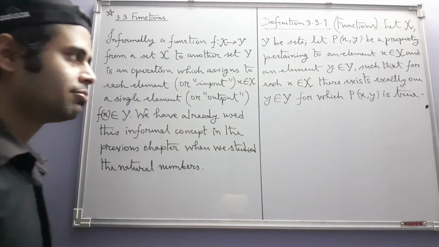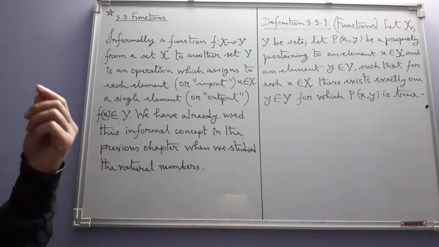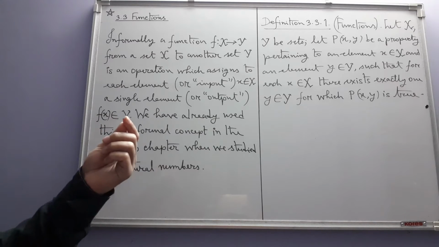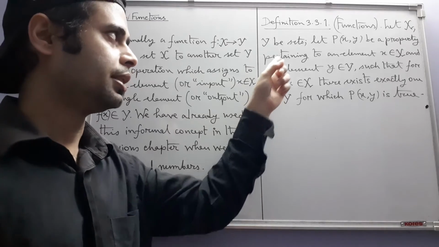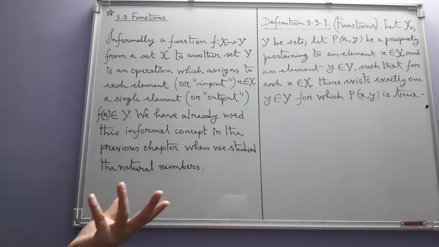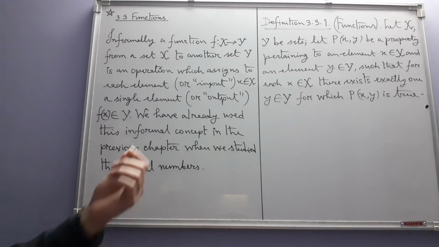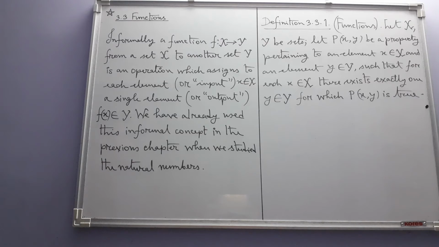Okay, so we are given two sets X and Y, and for an element from X and an element from Y, there is a property. For any given such choice of an element from X and an element from Y, the property is either true or false.